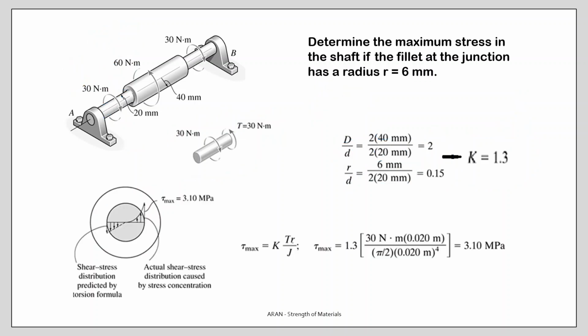Next, all I need to do is do the calculation for region 1, the torque, the radius, and the J value, and multiply it with K for the stress concentration point, which is 1.5, and the result will be 3.1 Newton per millimeter squared, or megapascals.